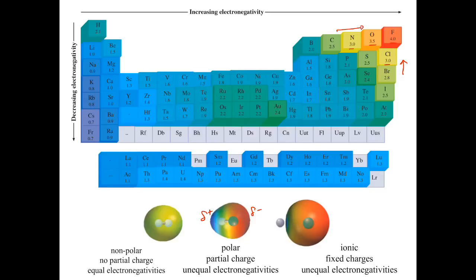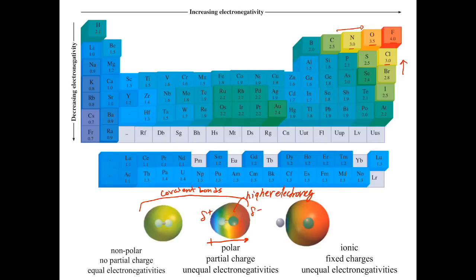You have unequal electronegativities, where this element has a greater electronegativity. You can see it pulls the electron density toward it. Now, an ionic bond follows the same principle. So in polar and nonpolar bonds, if you look at these two together, these are covalent bonds.